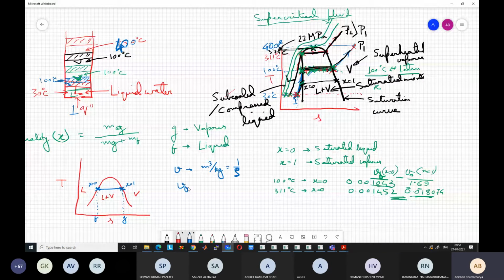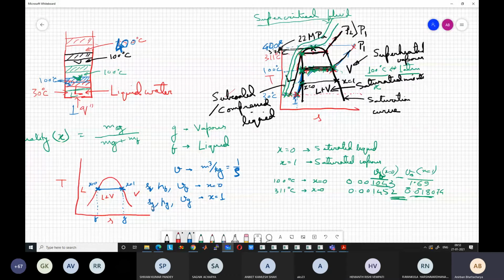Any other property like enthalpy also is denoted by Hf at x equal to 0 and Hg at x equal to 1. Similarly, entropy is denoted by Sf at x equal to 0 and Sg at x equal to 1. So any property which varies with quality is denoted by the subscript f at x equal to 0 and the subscript g at x equal to 1.